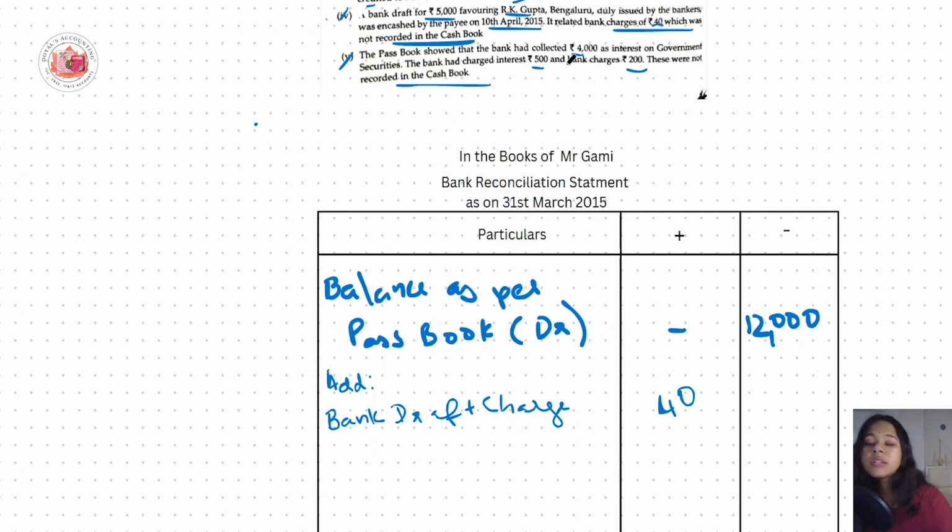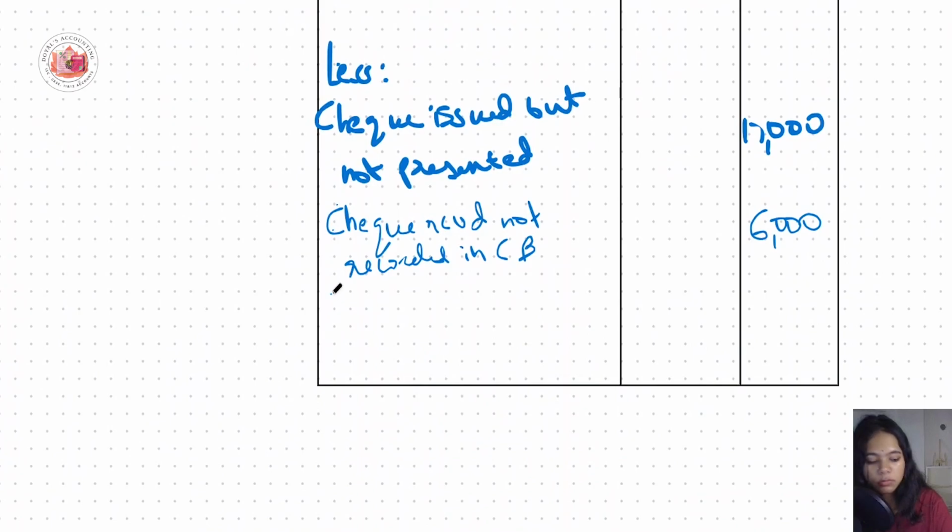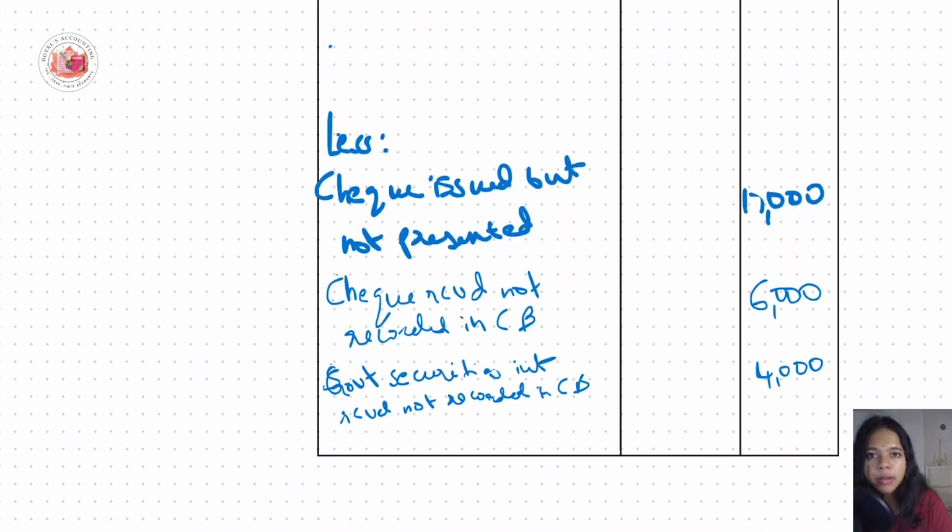Government securities interest has directly been credited in my passbook, but this transaction has not been recorded in my cash book. Therefore, to equalize the two, I will deduct this amount. Government securities interest received not recorded in cash book, 4,000.